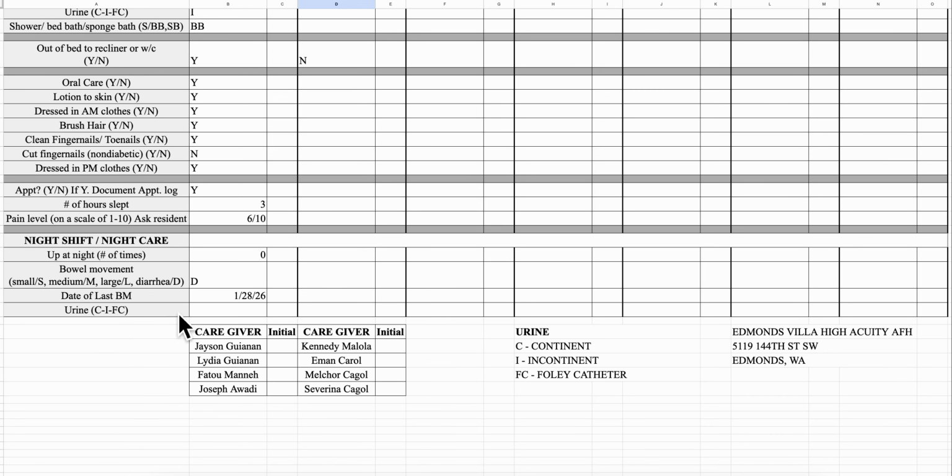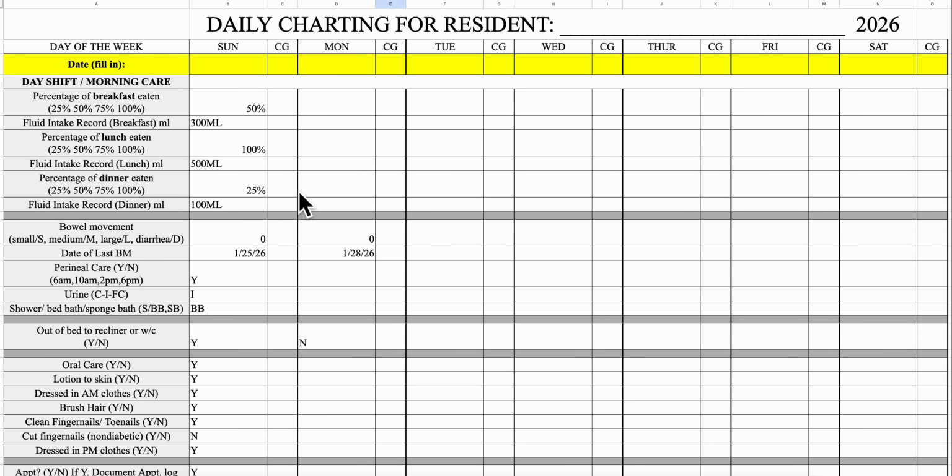All right. And then they were incontinent during the night. And similar to what we've been doing, you have to take accountability for your work. So everything that you chart, you have to put your initials. This column here that says caregiver, that's the caregiver initials.